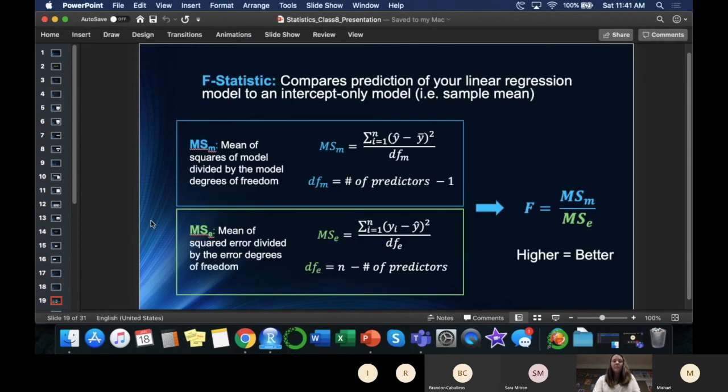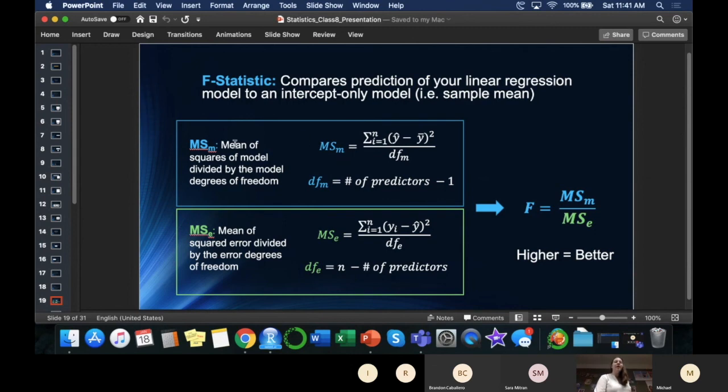Now, this is not an easy thing to explain, so try to picture it and go back and look at the details. Our F-statistic, at a very high level, is the mean squares of our model. We've seen this already: predicted minus actual, squared, over our degrees of freedom. So basically, what our model explains.